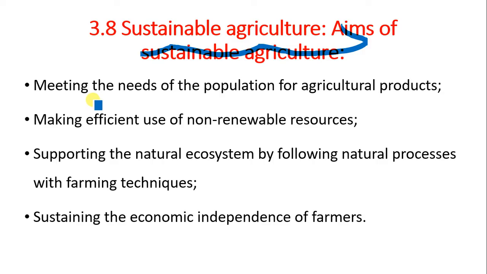It has to do with meeting the need of the population for agricultural products, making efficient use of non-renewable resources, supporting the natural ecosystem by following natural processes with farming techniques, and sustaining the economic independence of farmers.